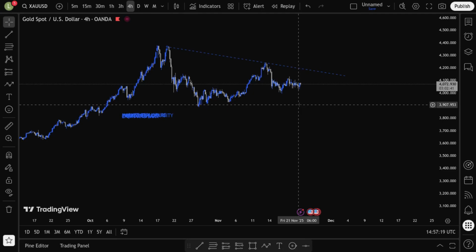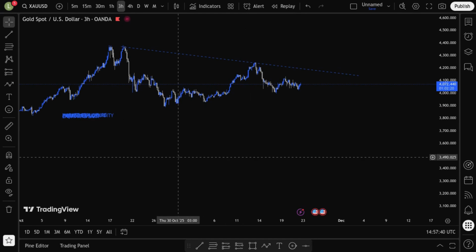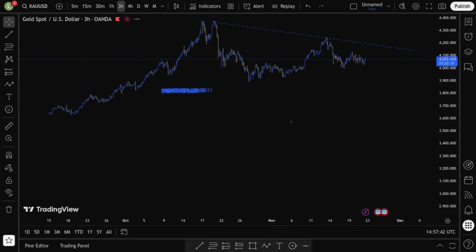Now, since you have it in your mind that XAUUSD is on an uptrend but showing a possible short-term downtrend, you need to go to the 3-hour time frame to confirm and see if you can find any other clue.